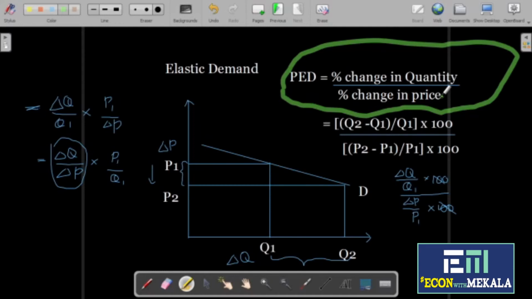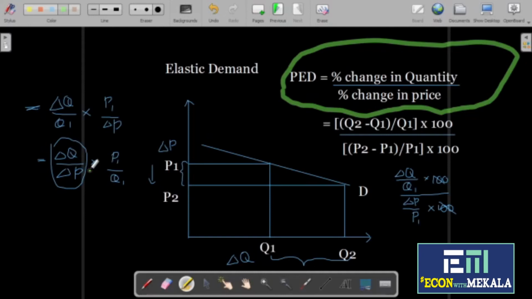For that you can easily use this alternative formula. For that you need to know the difference in quantity demanded, the difference in price, original price and original quantity. Remember, in the exam you can use both formulas, but if the paper asks you to calculate percentage change in quantity, or the changes are given in percentages, you need to use the original formula. But if it is a table where you are given original and new prices and quantities, you can easily use the alternative formula to calculate PED.